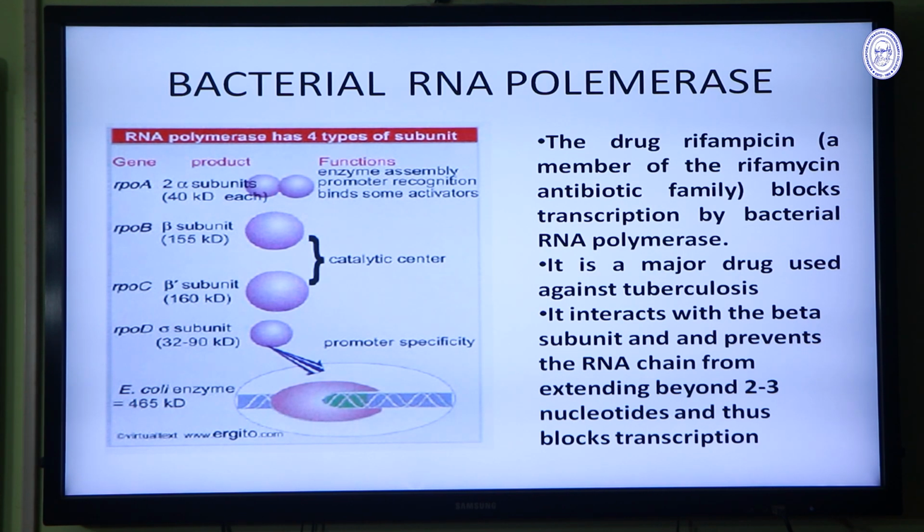If the phosphodiester bonds are still being made, then rifampicin inhibits the action of the beta subunit in such a way that it prevents the RNA chain from extending beyond 2 to 3 nucleotides, and thus blocks the bacterial transcription, or inhibits transcription in Mycobacterium tuberculosis, as I have cited the example.